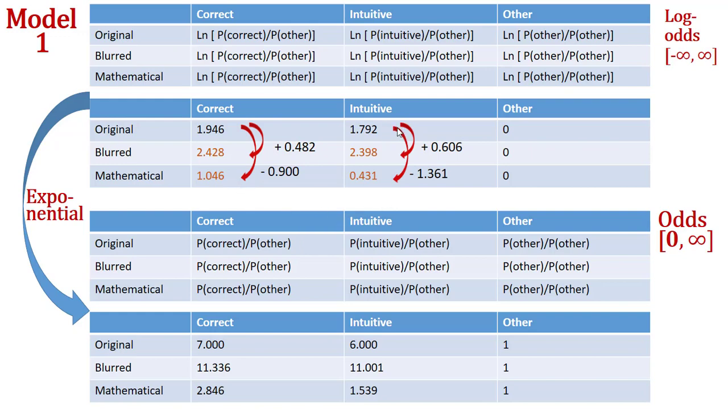So the log likelihood would be lower in mathematical. The log likelihood of intuitive over other, instead of being 1.792, would be 1.361 less, which is 0.431. So the log likelihood of intuitive over other is 0.431.